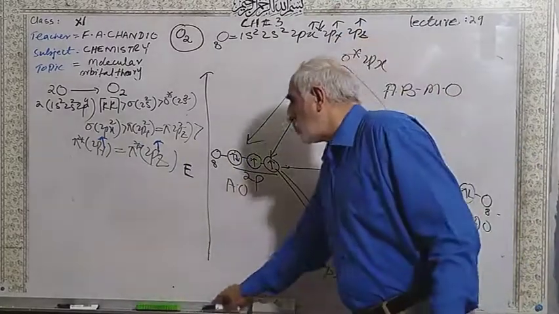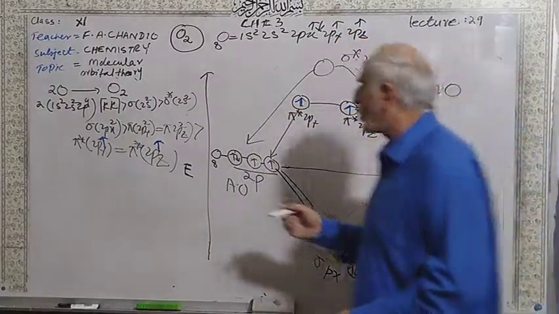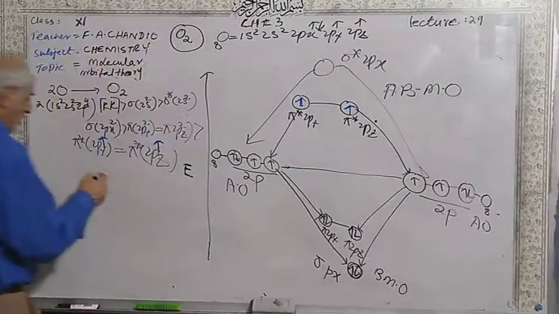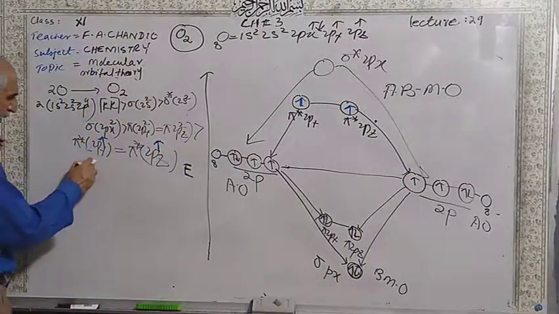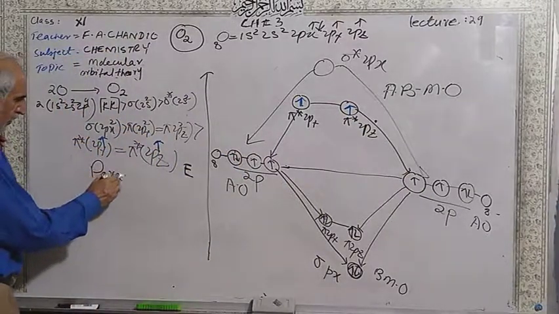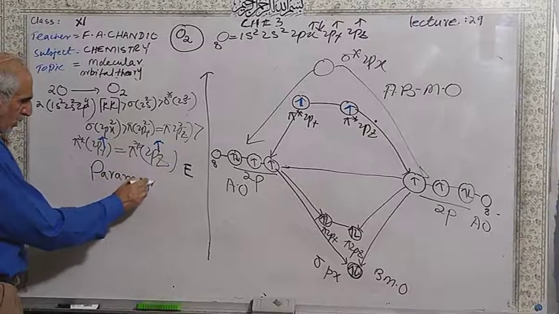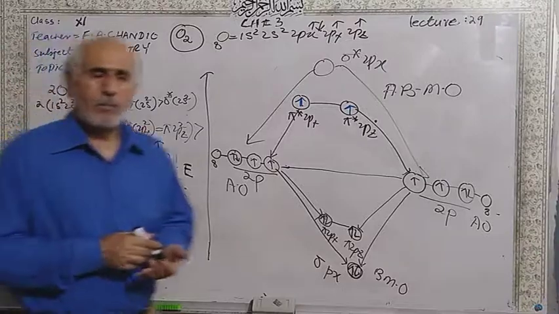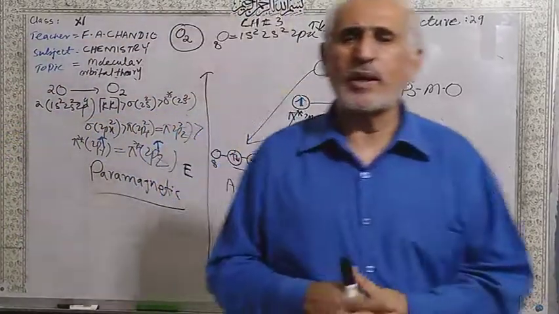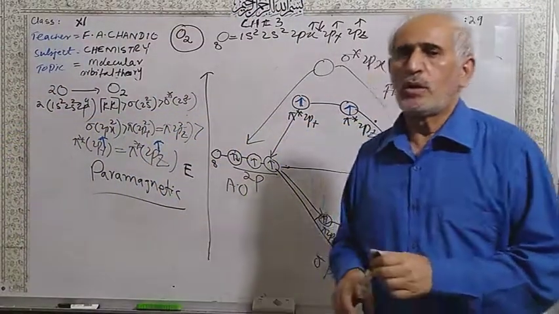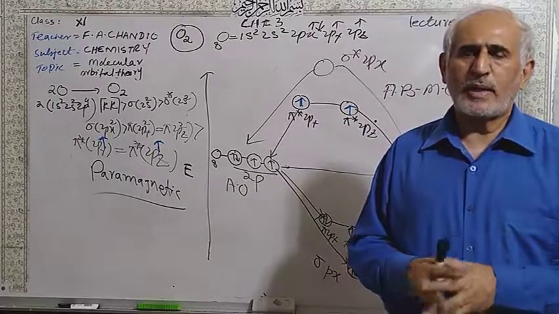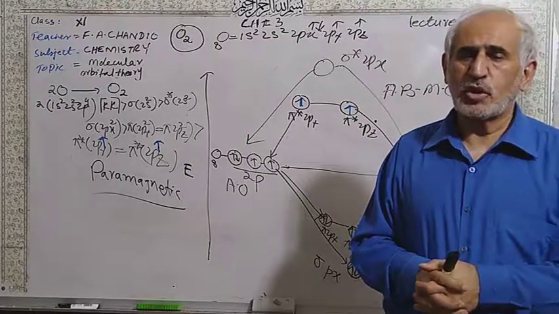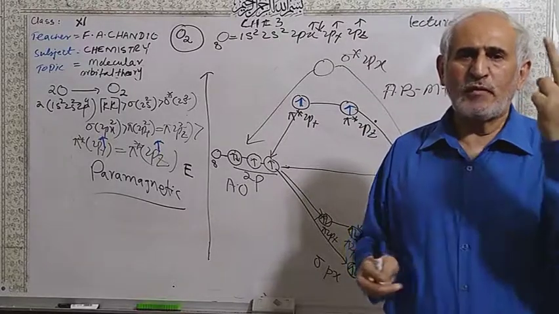So the oxygen molecule in the liquid form is paramagnetic. And molecular orbital theory is superior to both VSEPR and valence bond theory due to main factors.